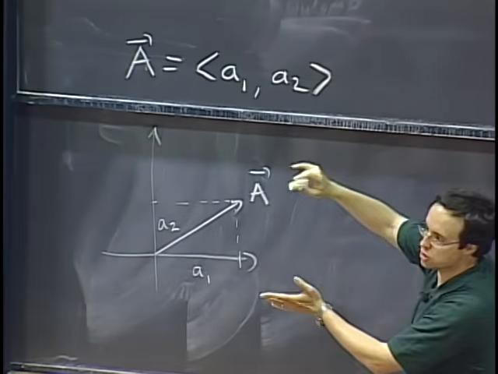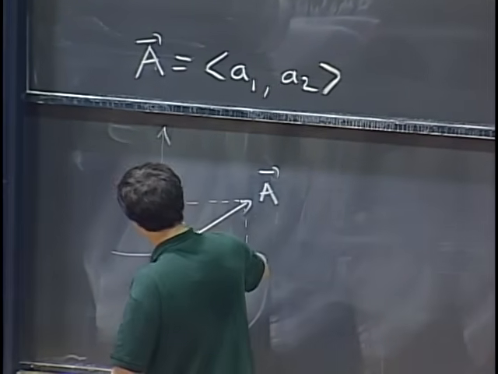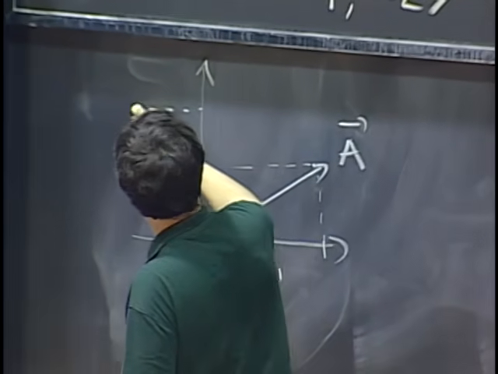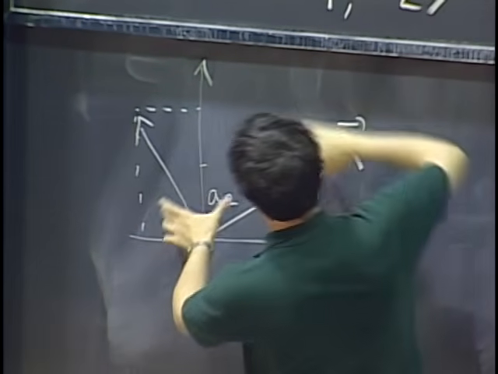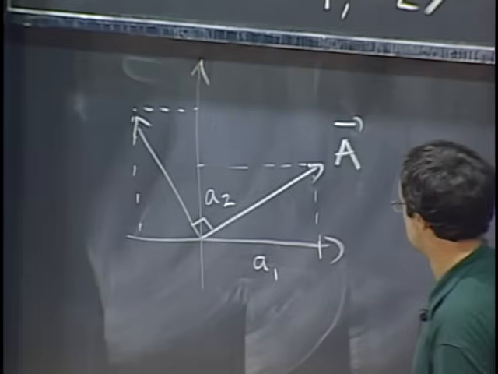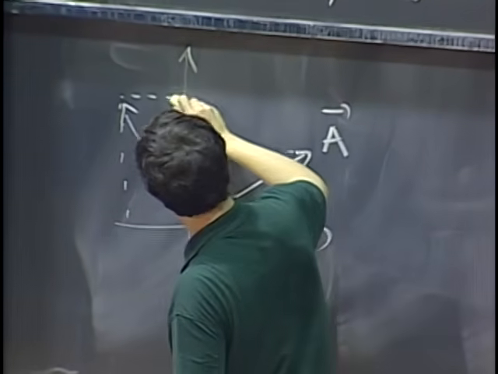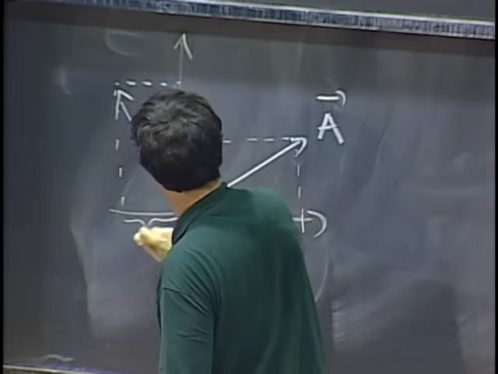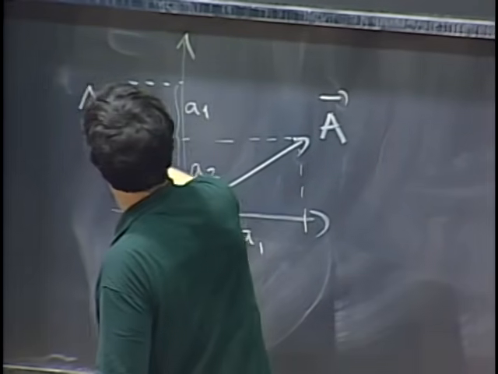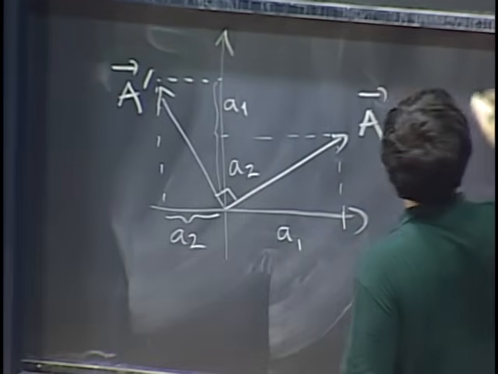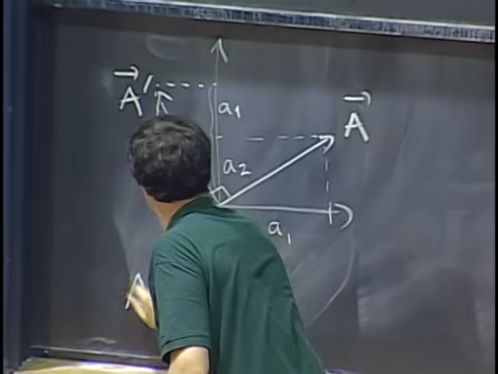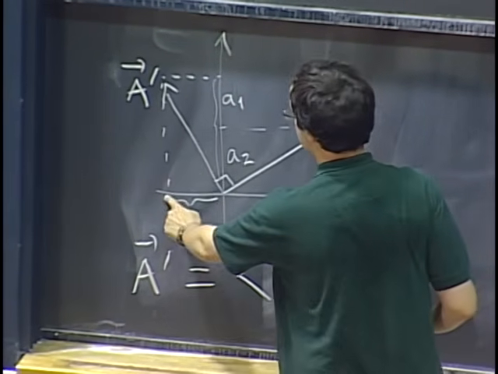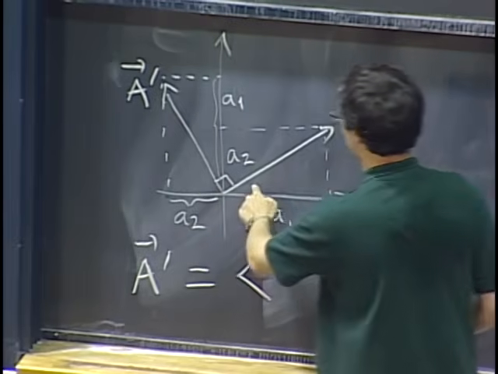Okay, let's rotate this box by 90 degrees counterclockwise. So this rectangular box ends up there. It's the same box, just flipped on its side. So this length here becomes A1, and this length here becomes A2. And that means our new vector A prime is going to be, well, the first component looks like an A2, but it's pointing to the left when A2 is positive.